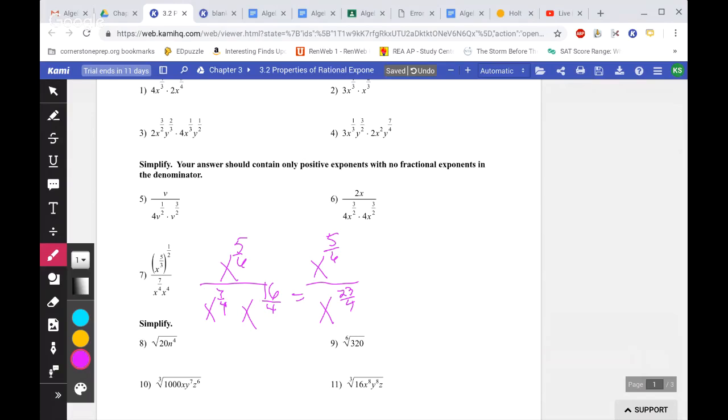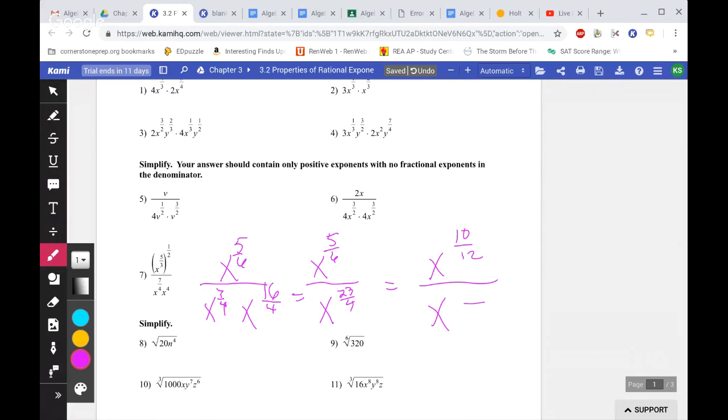Okay. Now what we have to do is get a common denominator at the top and the bottom, which is going to be 12, because both 6 and 4 go into 12. 6 goes into 12 2 times, and 2 times 5 is 10. So my x to the 5/6 becomes x to the 10/12.